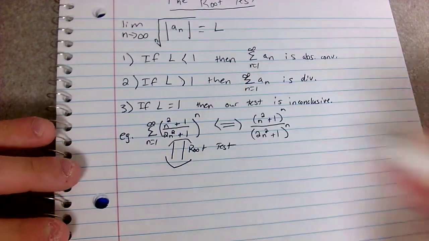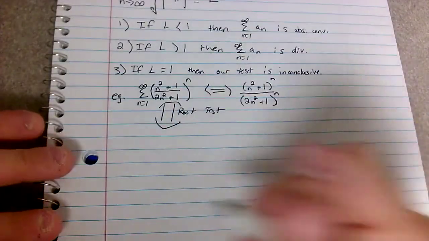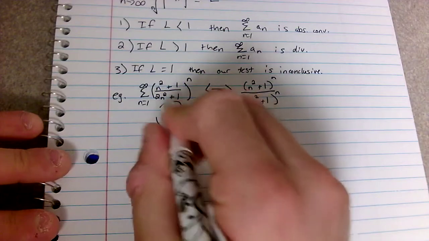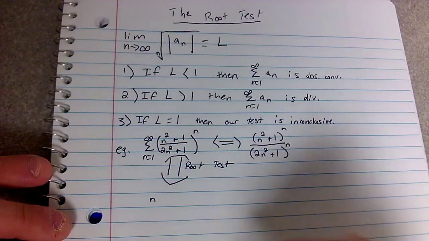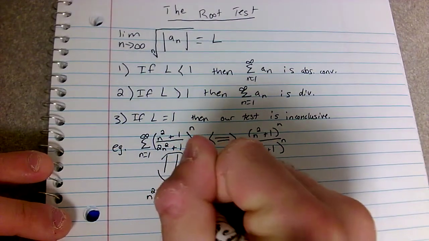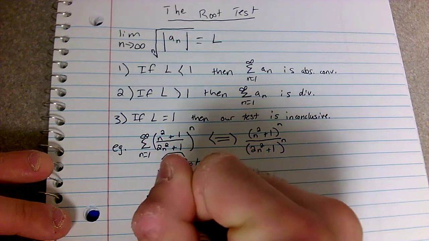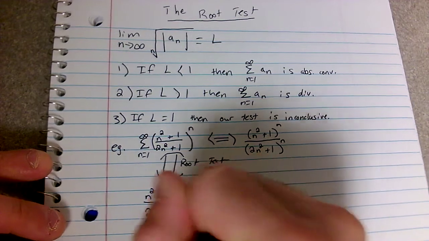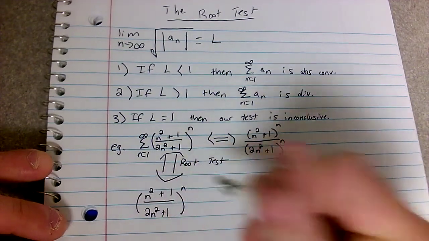So this is the root test. What we're going to do is this equation right here, that's our a sub n that we see up here. So we are going to go ahead and write it down here, n squared plus 1 over 2n squared plus 1. This whole thing's raised to the nth power.